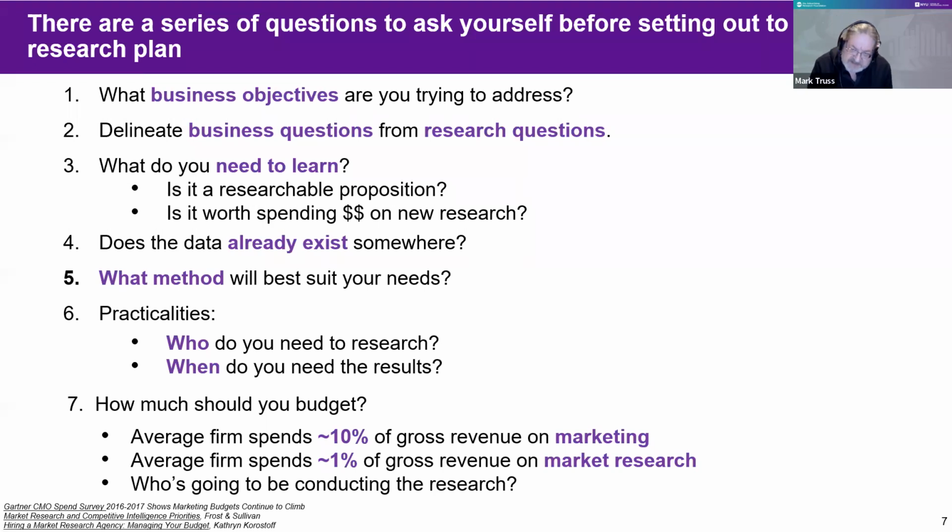Delineate those business questions from research questions. Or translate them, maybe is a better word. How do you create research questions to address the business questions? What do you need to actually learn? Is it even a researchable proposition or one that research is good for?